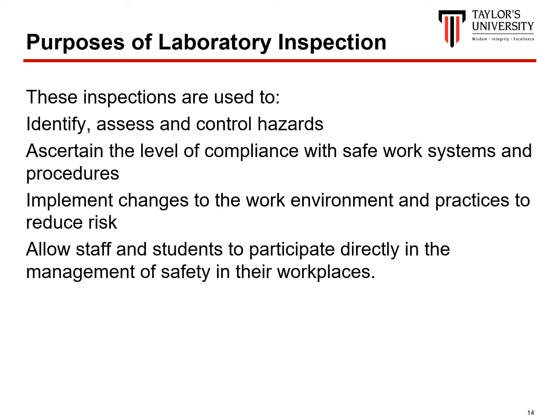All these inspections are used for identifying, assessing and controlling hazards, and also to make sure of the level of compliance with safe work systems and procedures, and to implement changes to the work environments and practices to reduce risk. At the same time, they allow students and staff to participate directly in the management of safety in their workplace.